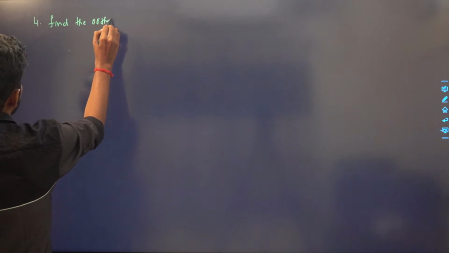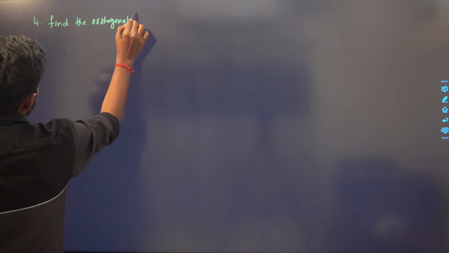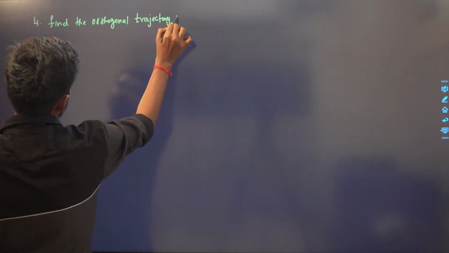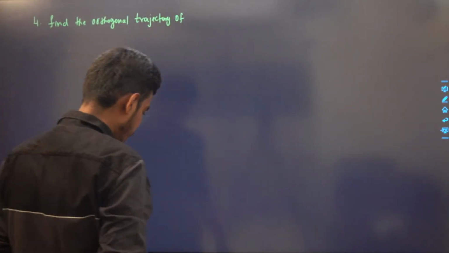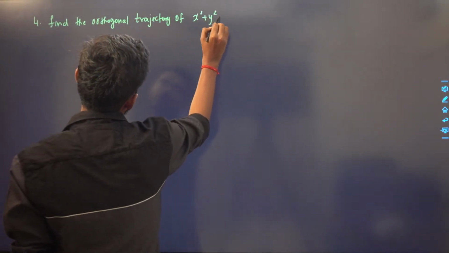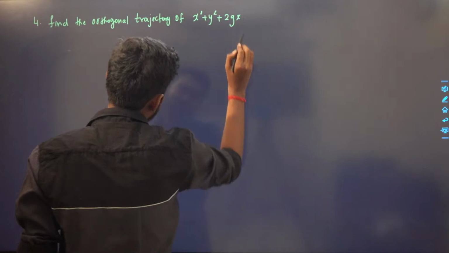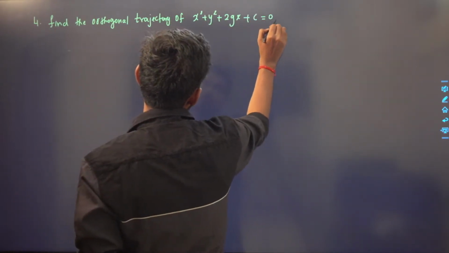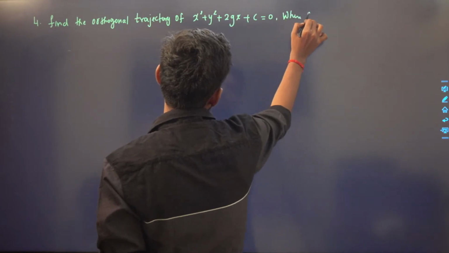Find the orthogonal trajectory of x square plus y square plus 2gx plus c is equal to 0, where g is a parameter here.